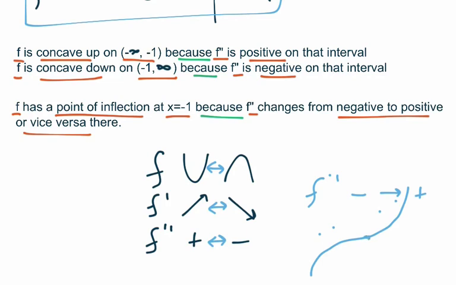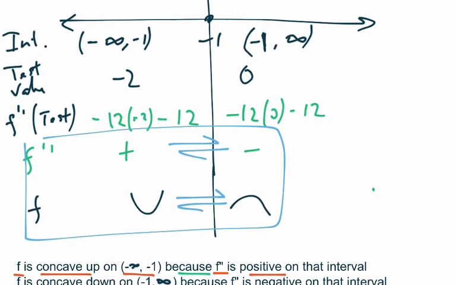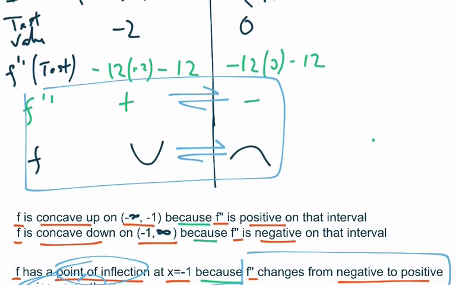Right here in the middle would be the point of inflection on the graph of f. So we can throw in that vice versa only for points of inflection, but still making sure to use the correct f prime positive to negative. We're using f prime positive to negative, and we're choosing to use positive to negative because we have equations and it's easy to set up a sign chart for that.